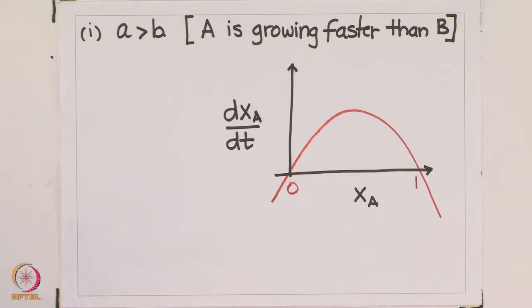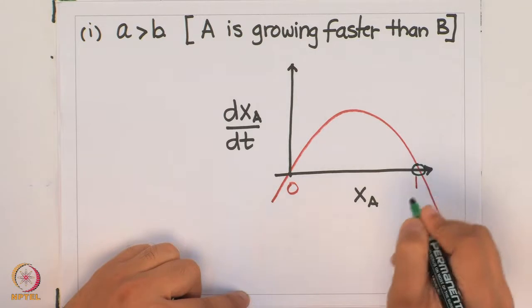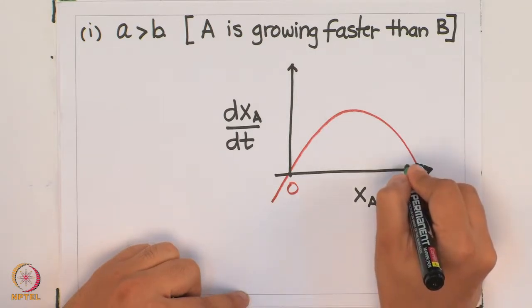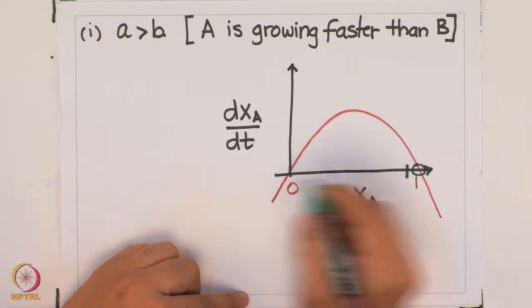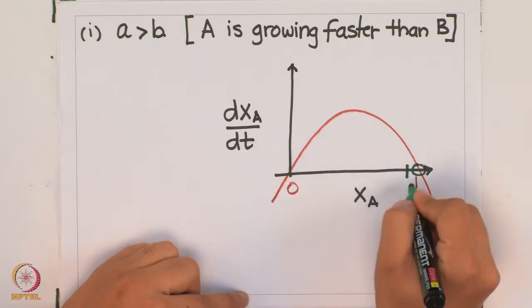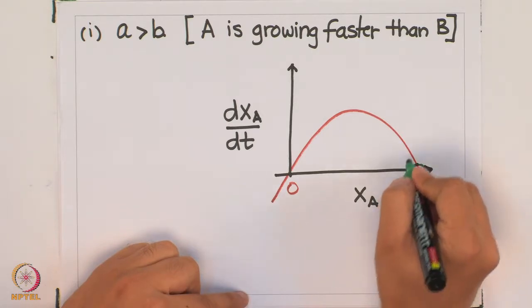So, again just as we had done last time, let us look at xa equal to 1. Now, if I disturb the system to the left, I bring it slightly here. What I want to check is the sign of dxa by dt when xa is slightly to the left of the steady state value.